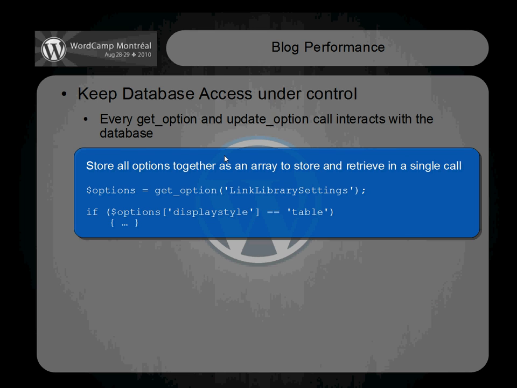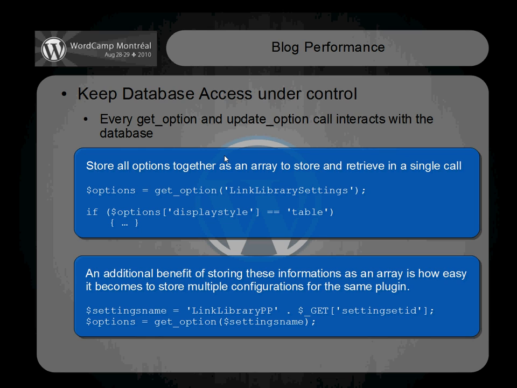There's actually a second benefit to doing this other than performance, and that is scalability. In the case of my plugin, Link Library, I wanted to be able to create multiple configurations so that you could have multiple different pages with link lists on them, and these could be configured differently in terms of how you want them laid out or what link categories you want to see displayed.